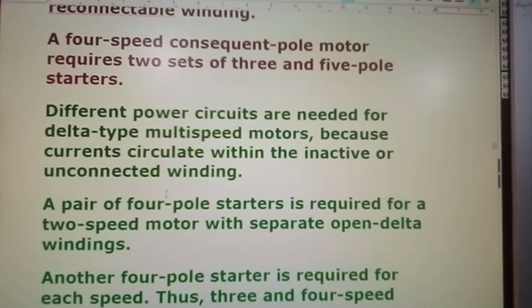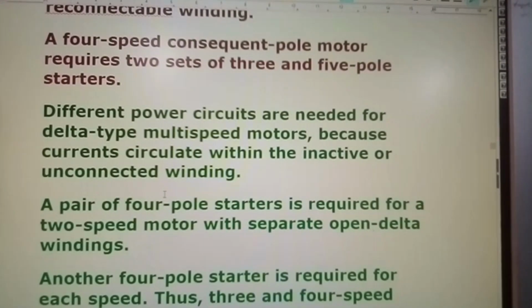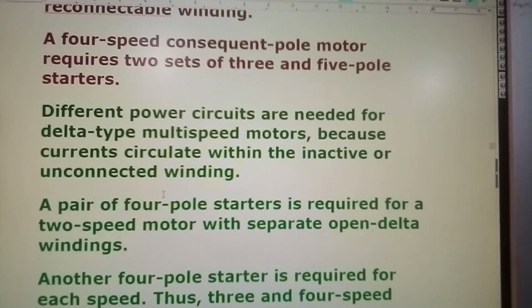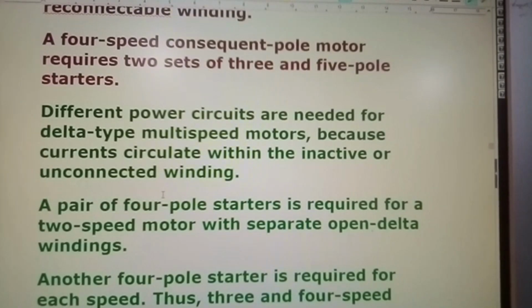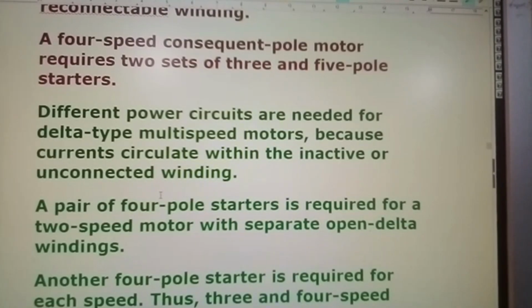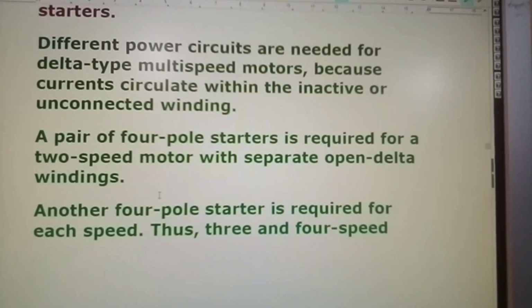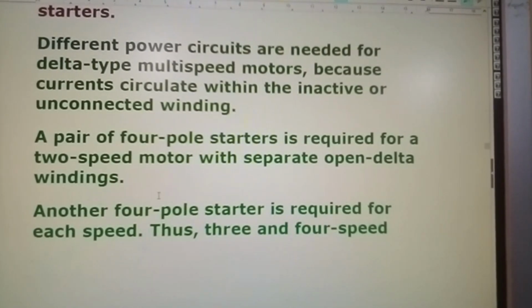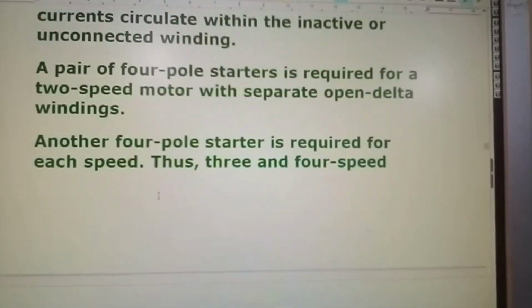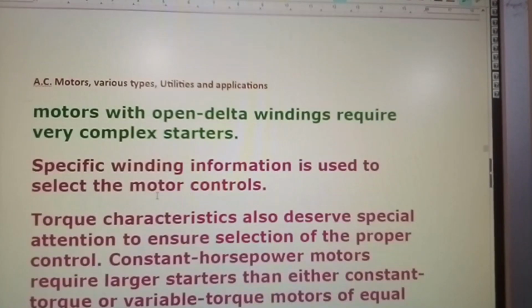Different power circuits are needed for delta type multi-speed motors because currents circulate within the inactive or unconnected windings. A pair of 4-pole starters is required for a 2-speed motor with separate open delta windings. Another 4-pole starter is required for each speed, thus 3 and 4-speed motors with open delta windings require very complex starters.